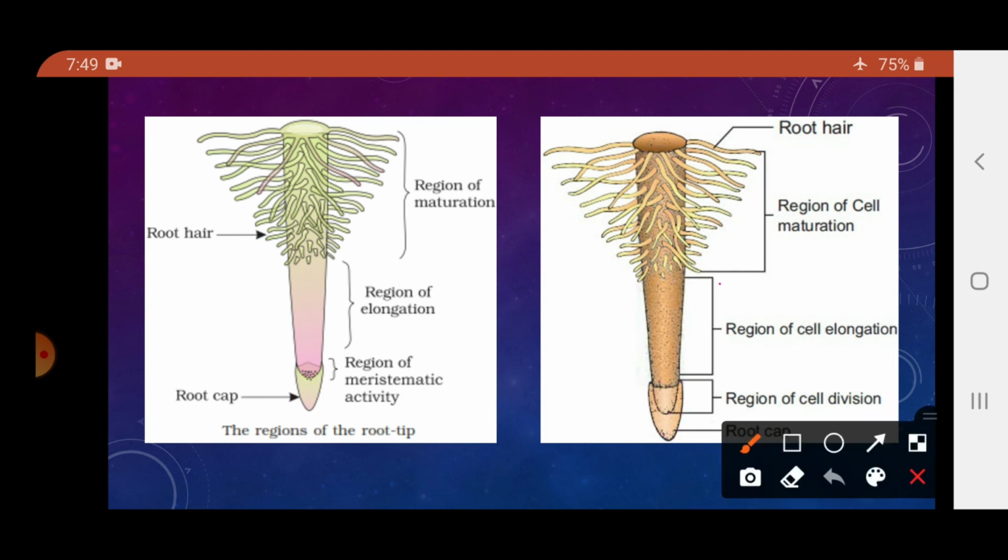Now above this is the zone of elongation, where the cells are elongated, and above it is the region of maturation, where cells attain a particular structure and function. From the lateral portion of this region arise the root hairs, and these root hairs penetrate inside the soil and help in the absorption of minerals and water.